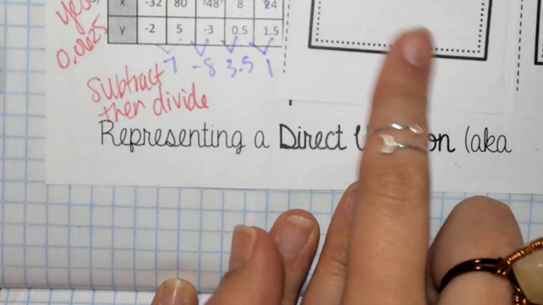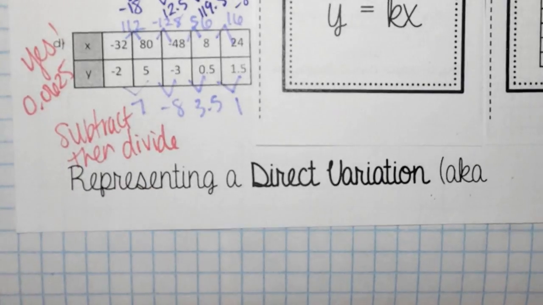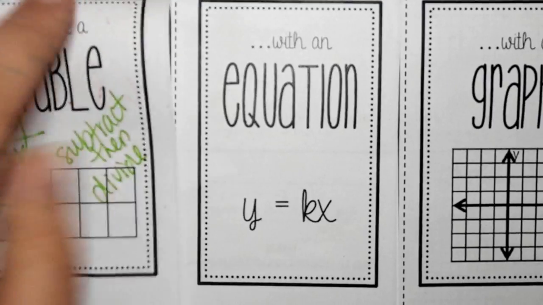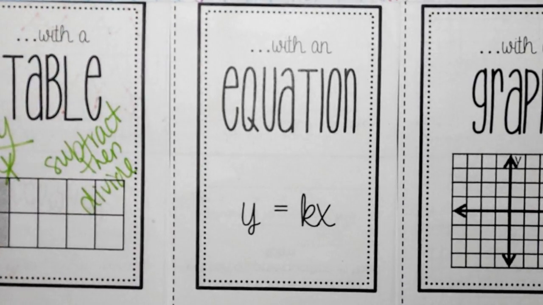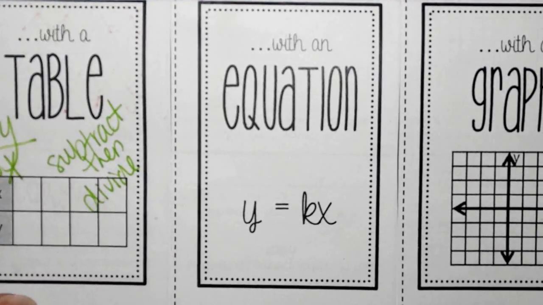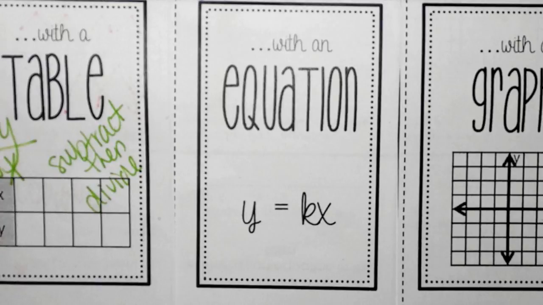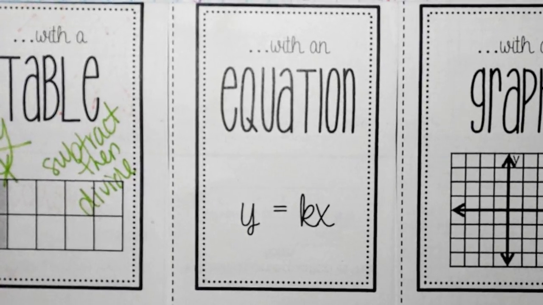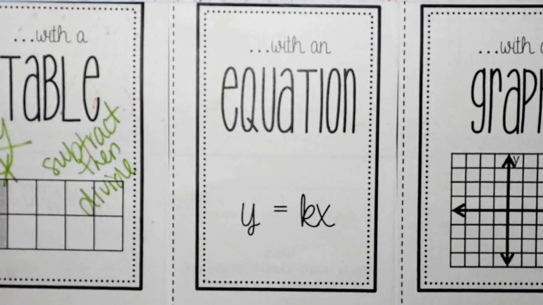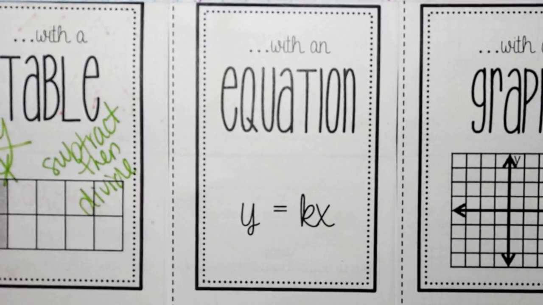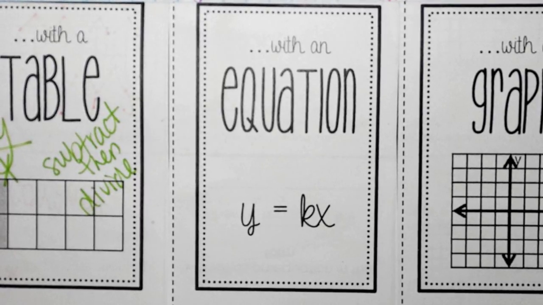So now we're going to talk about an equation form. Do you guys remember y equals mx plus b? What does the m stand for? Slope. What did the b stand for? Y-intercept.